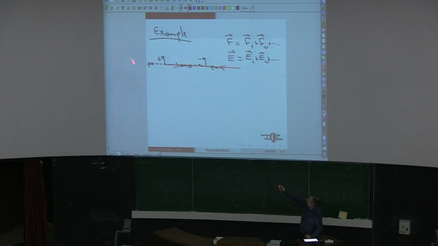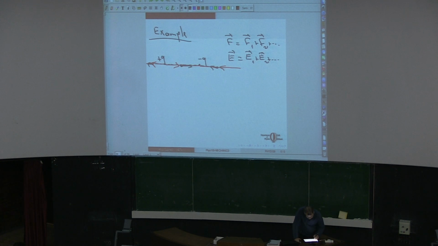It will be true for every point along this line, and hence the electric field line will be along this line. So this was kind of the easy part. This is the electric field lines along the line connecting these two charges. Now let's look at some other point.